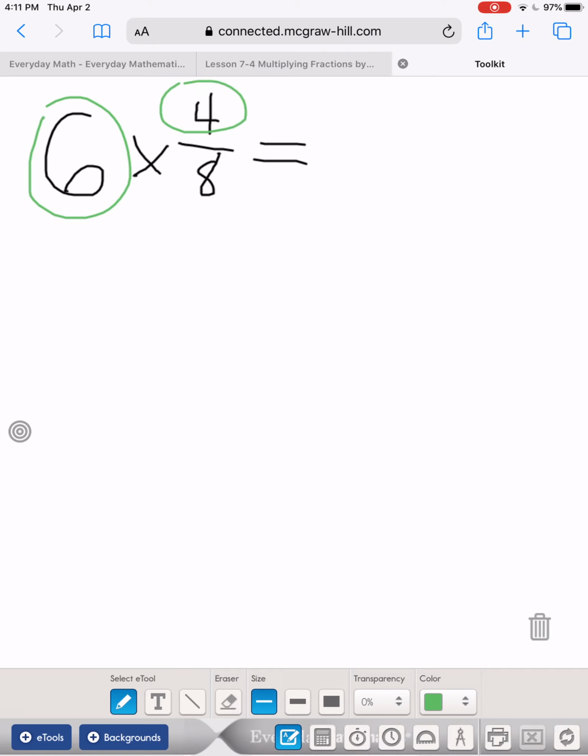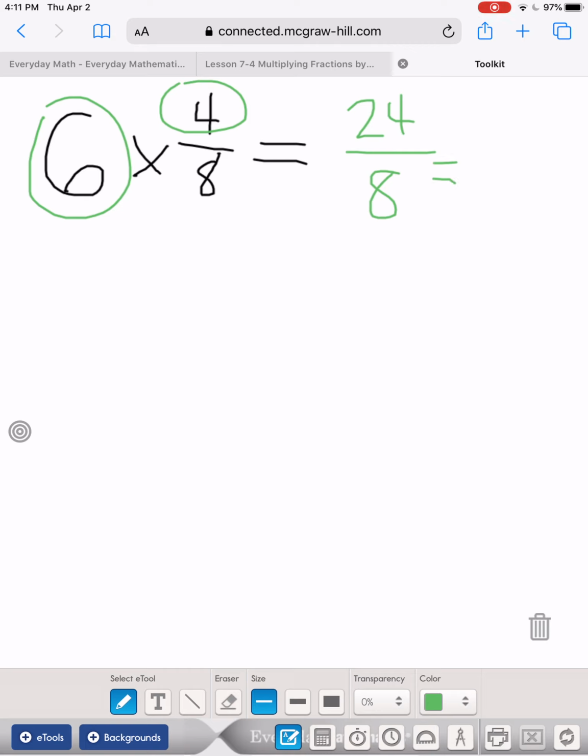So let's try 6 times 4/8. Okay, so 6 times 4/8, we would multiply the 6 and the 4, and 6 times 4 is 24, and we have 24/8.